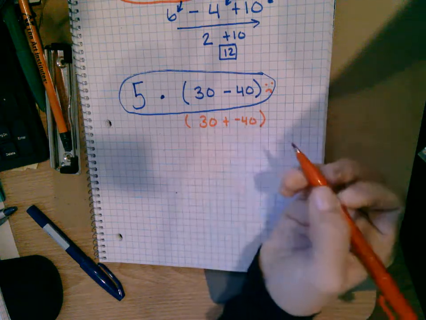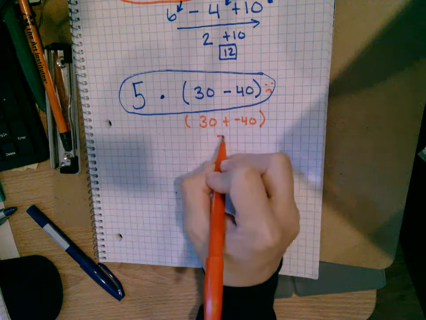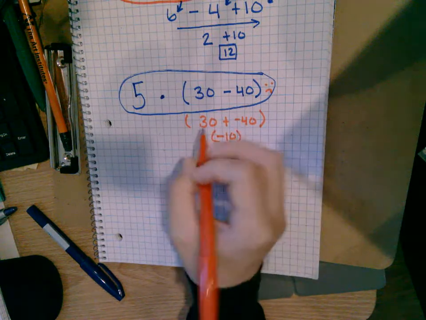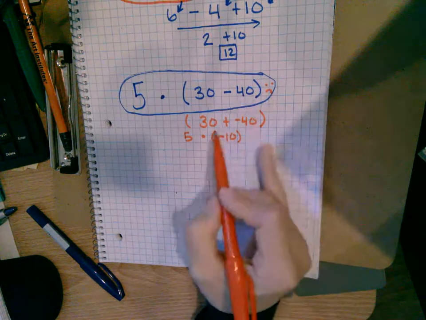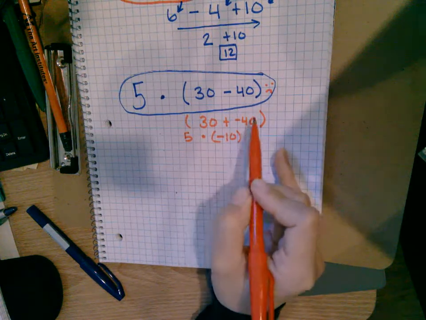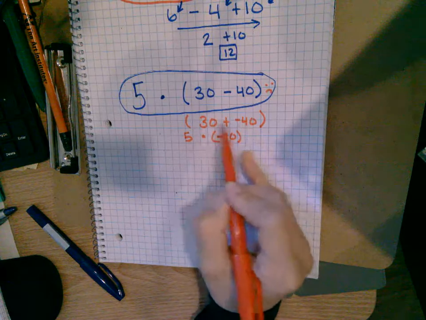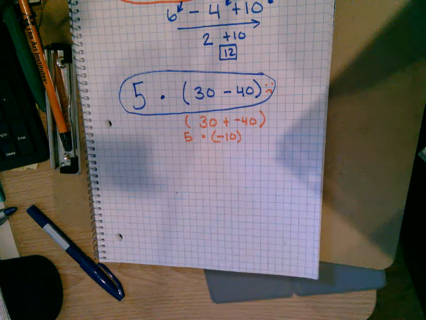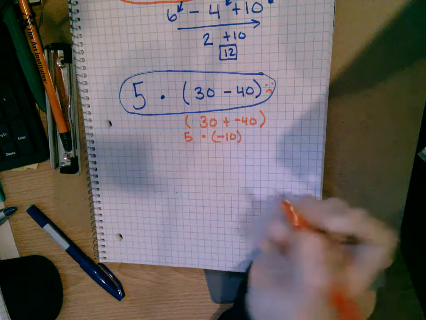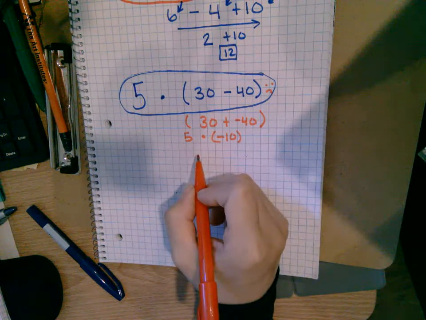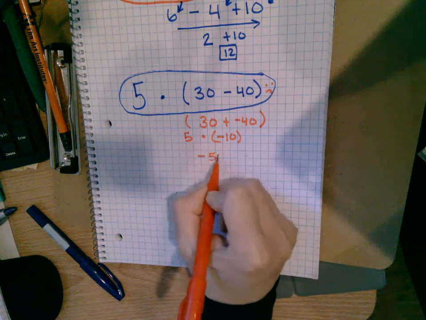So 30 plus negative 40 is negative 10, times 5. Because there's different signs, you subtract. You get negative 10. What is 5 times negative 10? Negative 50. Good.